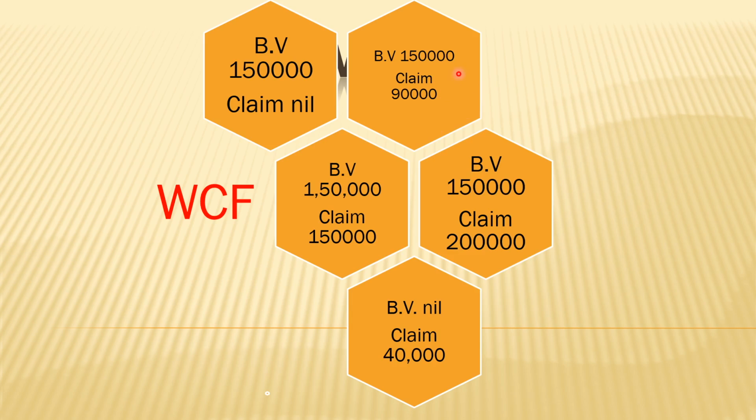So workman compensation fund account debit to partners capital 60,000, under the old profit sharing ratio I have to distribute, and the remaining 90,000 claim is treated like an outside liability. First we transfer it to the credit side of the realization account, and again you have to make the payment, realization to bank account. So this is the way to show the treatment in case of workman compensation.